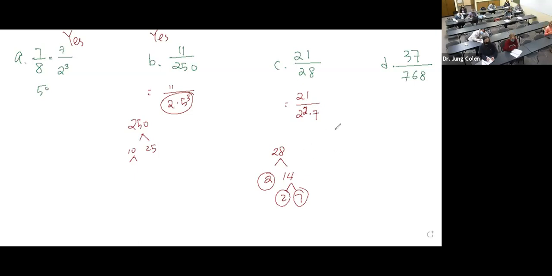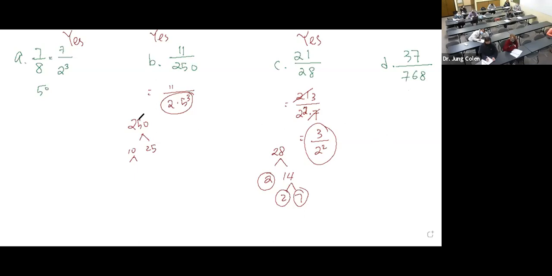We see 7 there, so is that not a terminating decimal? It is, why? Yeah, because 7 divides 21 as well, right? So actually that is 3 over 2 squared. So yes, it is a terminating decimal. Good job. How about the last one?